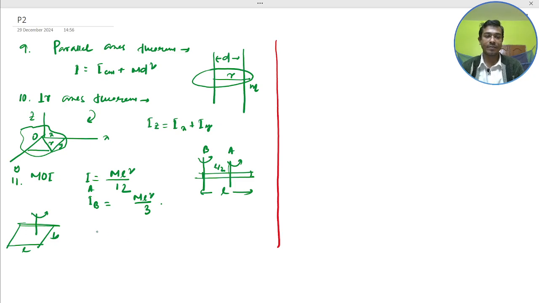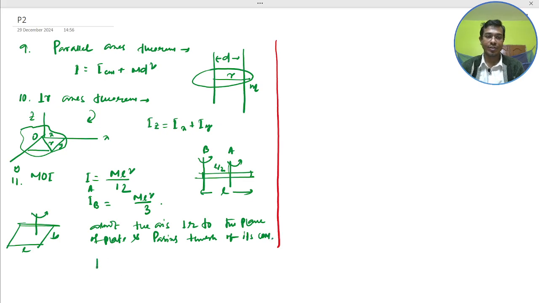This is a very important term that I just write here: about the axis perpendicular to the plane of plate and passing through its center of mass. So this would become I equal to m L square plus B square by 12.